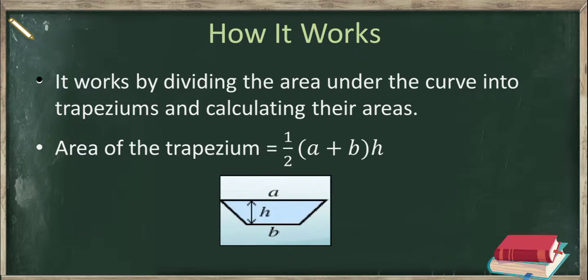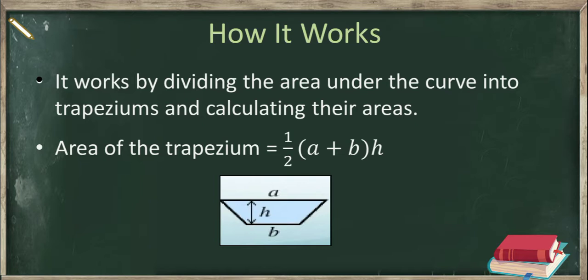See how the trapezoidal rule works. It works by dividing the area under the curve into trapeziums and calculating their areas. The area of a trapezium is equal to 1 by 2 into a plus b into h.